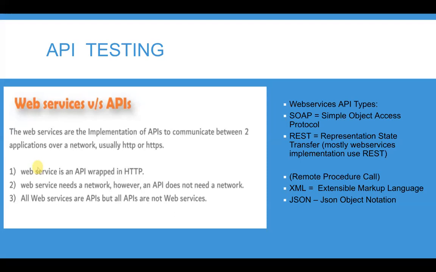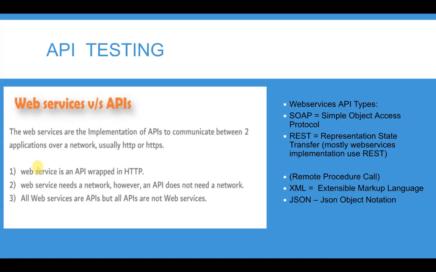However, the API that uses that web service does not need a network, the reason being that the API is wrapped in the HTTP network. So all web services are APIs, but not all APIs are web services.